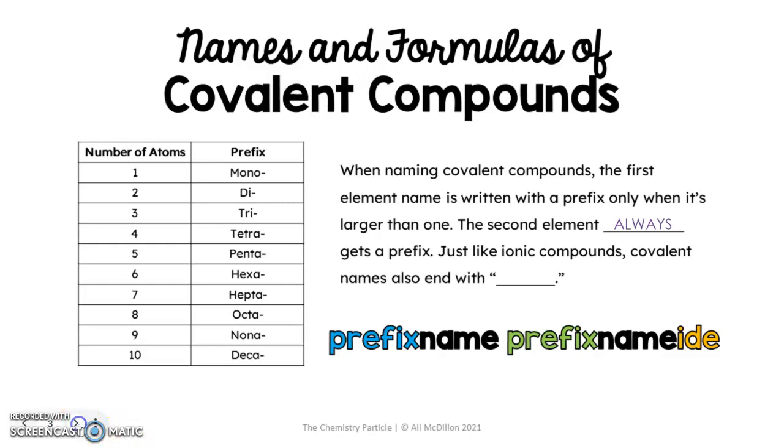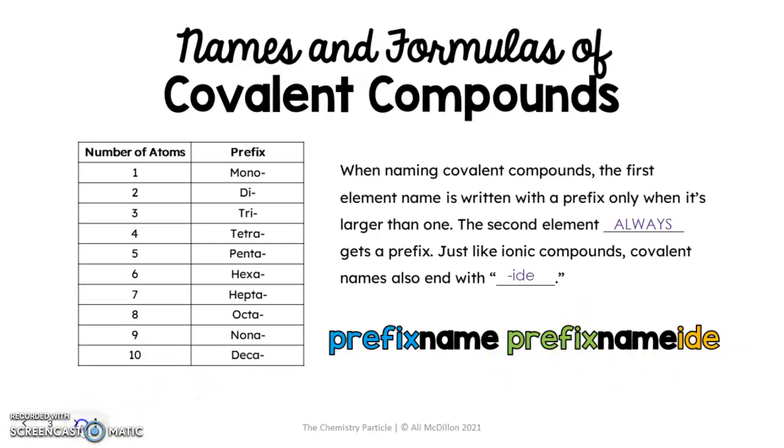The second element always gets a prefix, even mono. And just like with ionic compounds, covalent names also end with IDE, so we drop the ending and change it to IDE. So this is what it should look like: prefix, name of the first element, prefix, name of the second element, IDE.